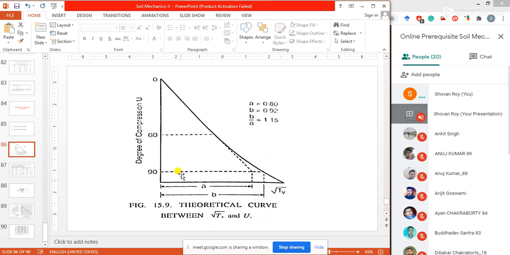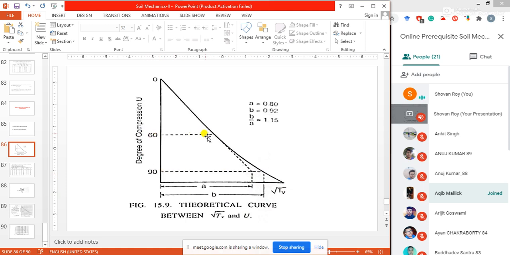Generally, normally, if we see the degree of compression or degree of consolidation, same thing, at 60% and 90%, this curve is coming from 0. Initially it starts from 0, then it comes to the 60 value, and further it goes in the direction where the time factor is increasing.